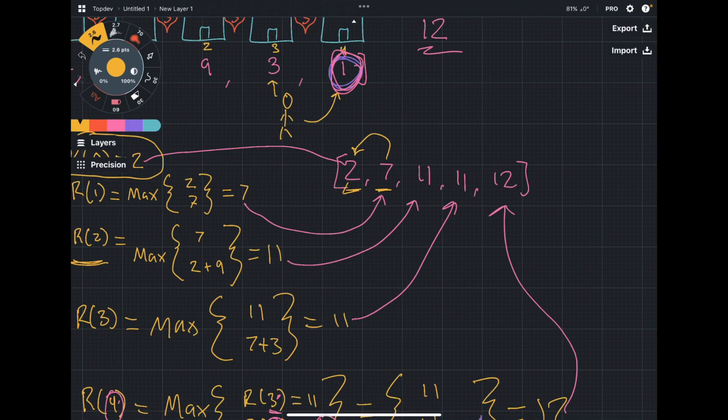And then this third index right here is going to be based off of this one or this one, these two together. 2 plus 11. And we're going to continue that basically for the remainder of our list.